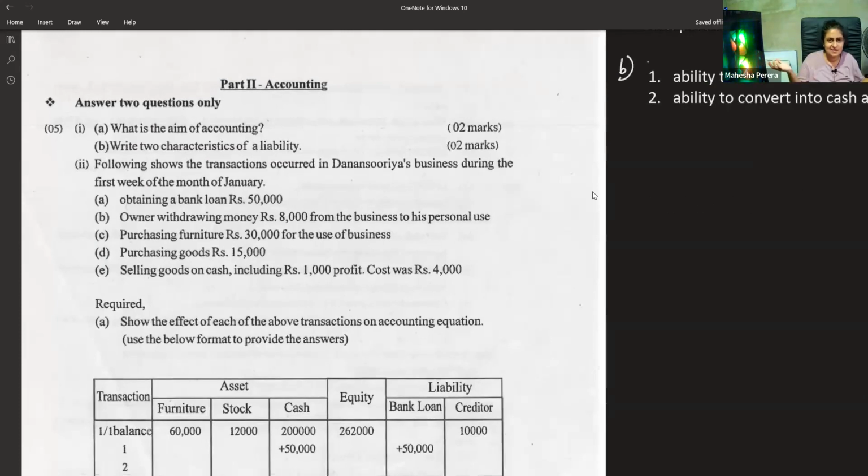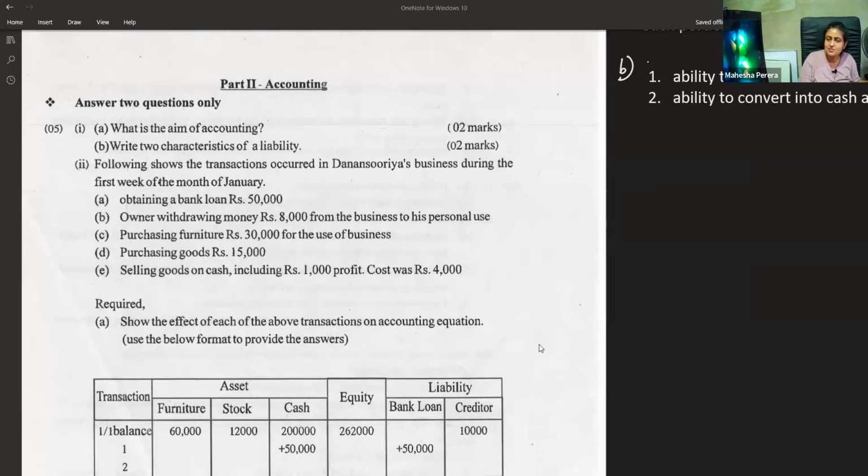When we discuss the paper, we discuss all the questions. Right. Now let's see. Now even in accounting puta, first Roman figure is from a theory. They ask a theory question. Right. They directly test some theory. For example, here they ask what is the aim of accounting.